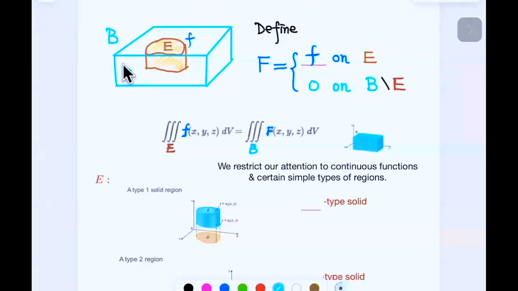And the 0 here is not going to contribute to the integral of the function, right? So these two will be equal. And by doing this, we're able to relate the triple integral of a function over this general region to a triple integral of a function over a rectangular box.